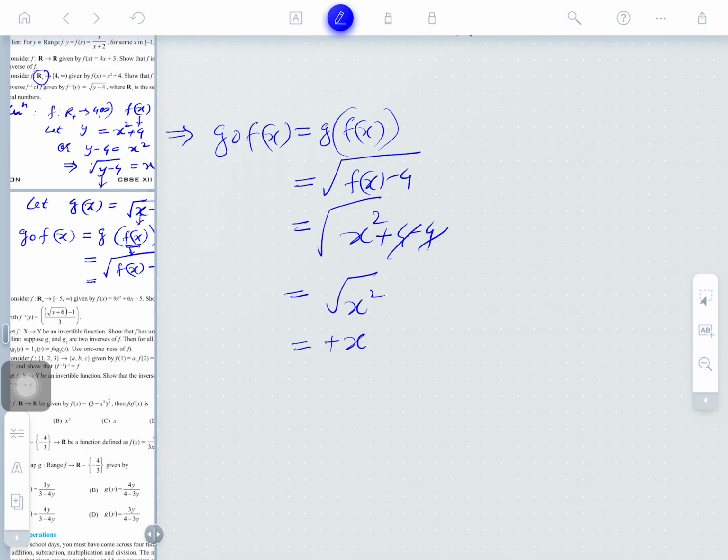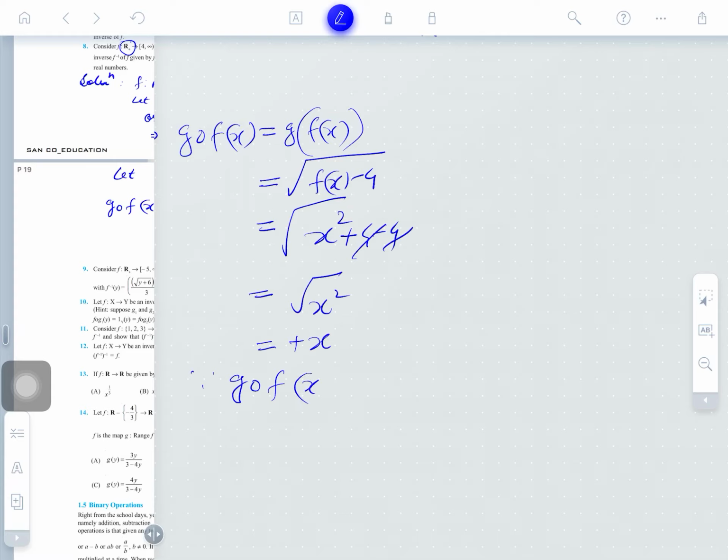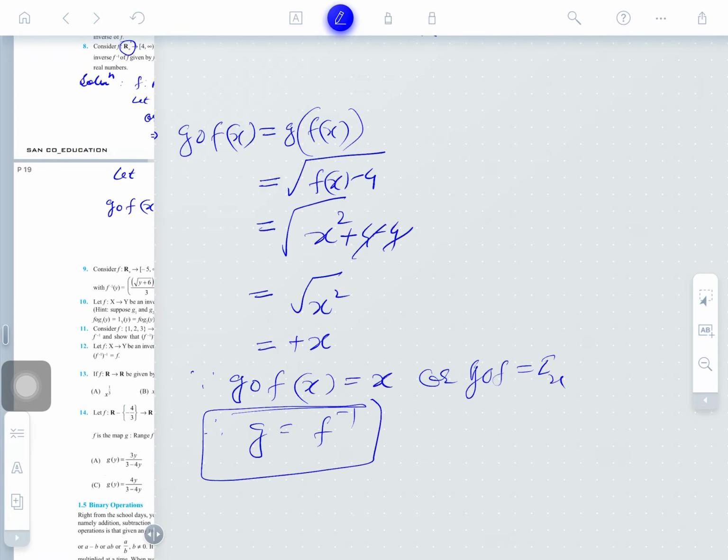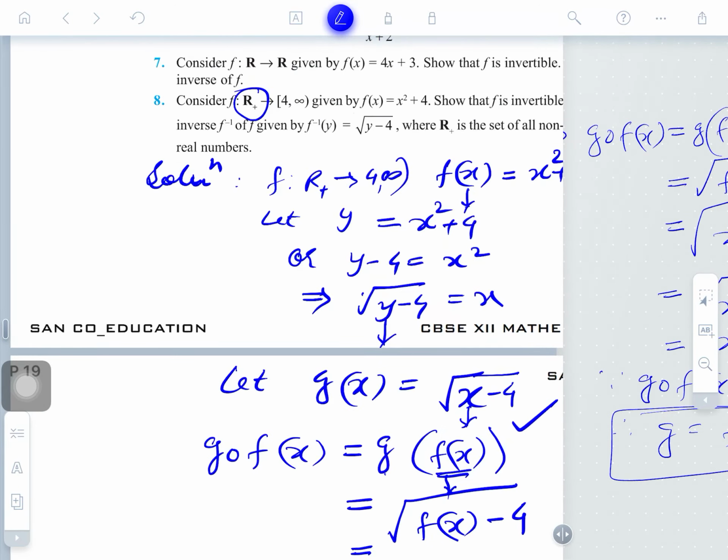So since GOF of x is equal to x, or also you can write GOF is equal to I of x, therefore g is f inverse. The g function is before you this. Is that clear? This is the proof of that.